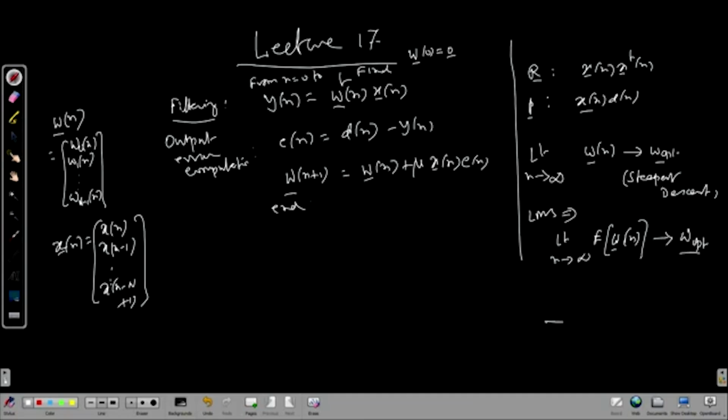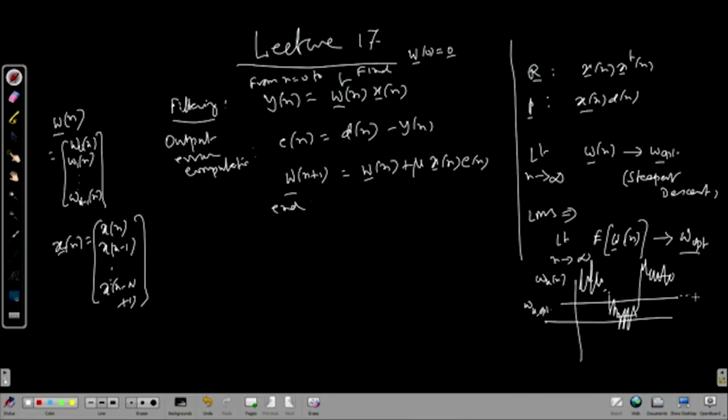As I told, if you take a particular weight W k n, this is the corresponding optimal value, W k its optimal value. W k is random, so it might fluctuate like this, like this, its average is here. After some time it may fluctuate here, then it may fluctuate here like this.